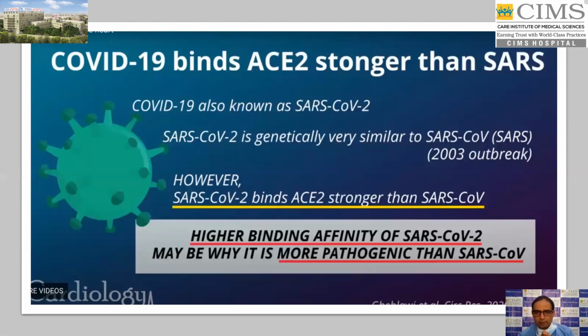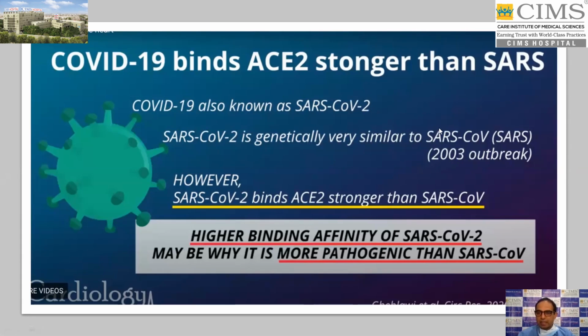Now, the virus which causes COVID-19, COVID meaning coronavirus disease 2019, because it was first seen in 2019. Now the virus which causes it is called SARS-CoV-2 virus. It is similar to the SARS-CoV virus, coronavirus, which actually came in 2003.